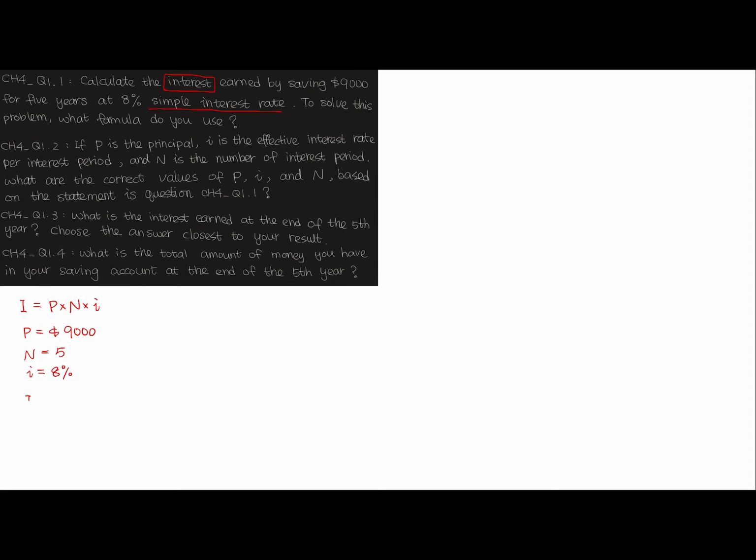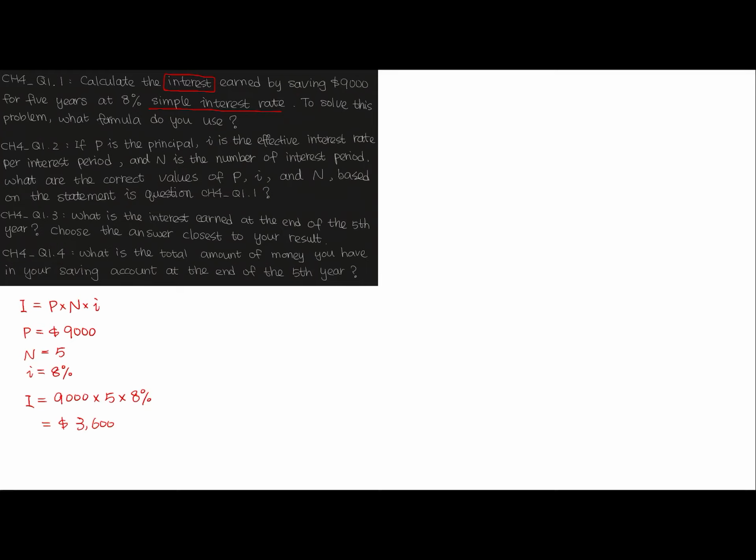You just substitute the letters in the formula with those numbers: P times N times I. And your answer is 3,600.